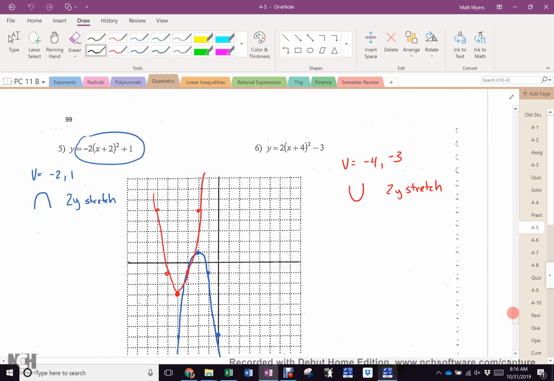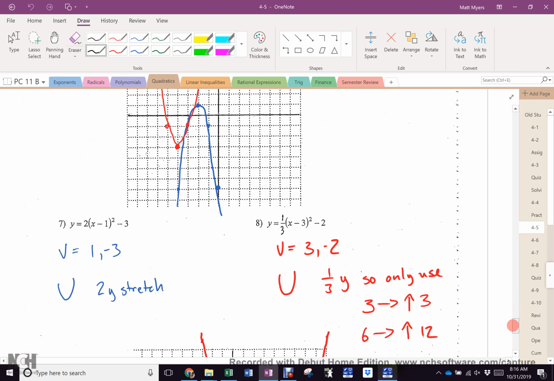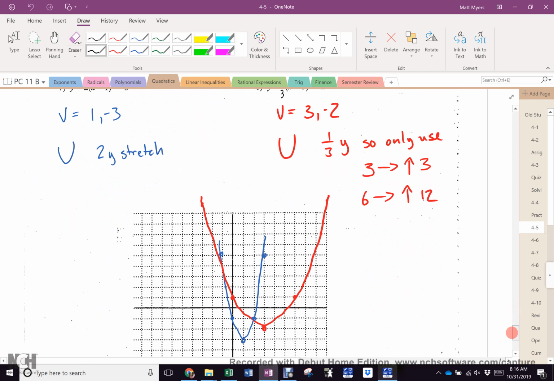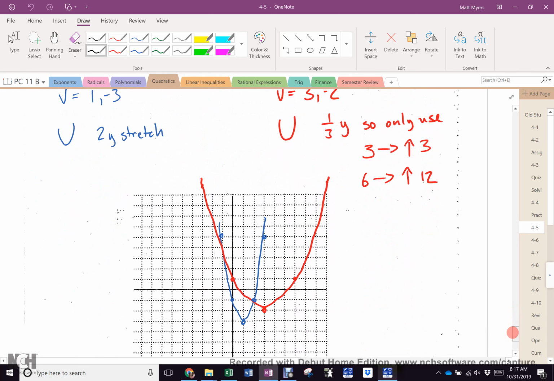And there is 5 and 6. And there is 7 and 8.